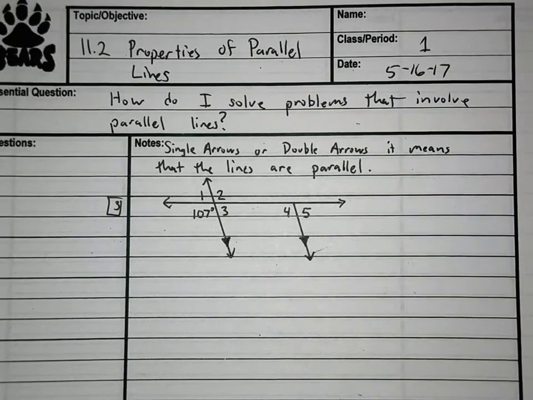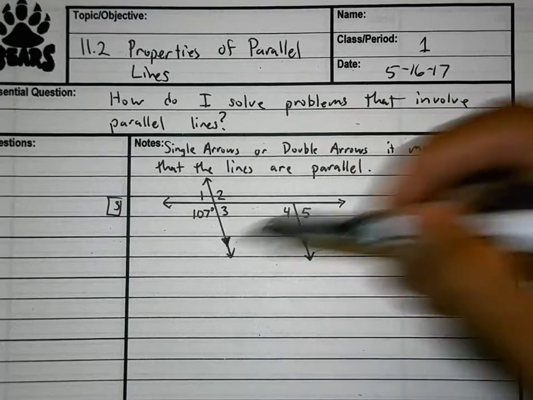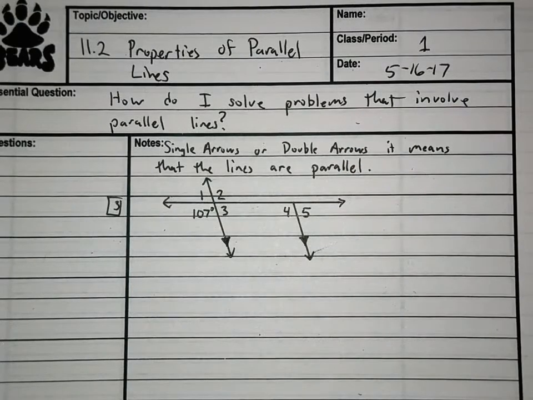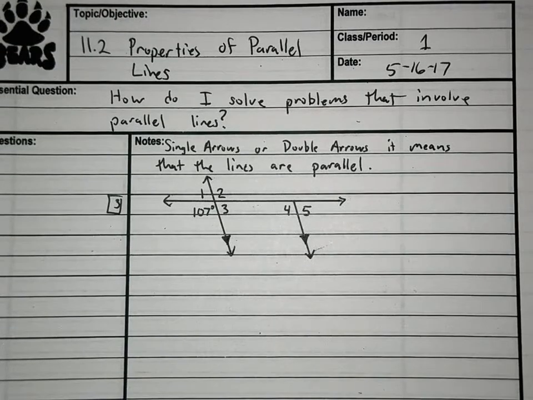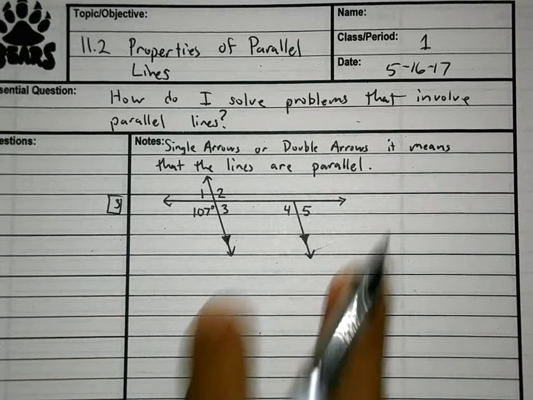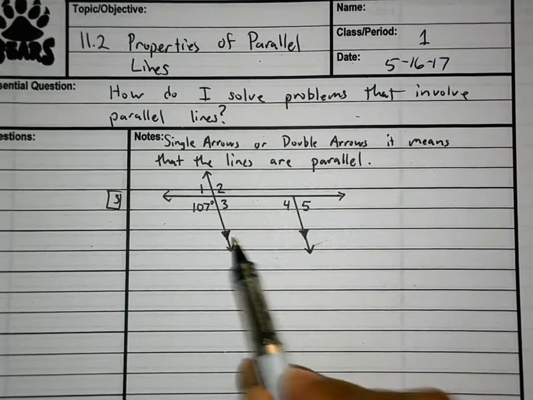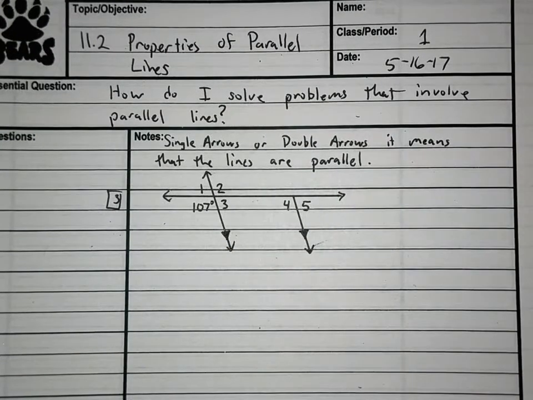And that is important. When you see those single arrows, you're going to have to know that they're parallel. Because they're parallel, you're going to be able to figure out what all these angles are that are congruent to each other. So before we even solve number 3's problem, I need you to know that these two little things are the arrows that let you know that they're parallel.